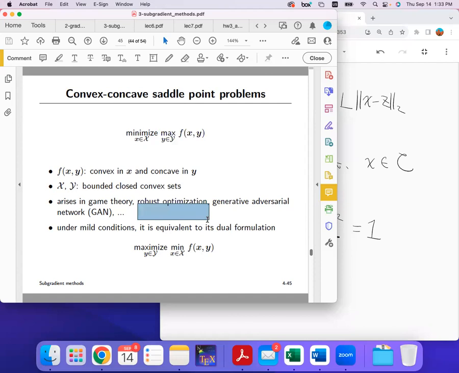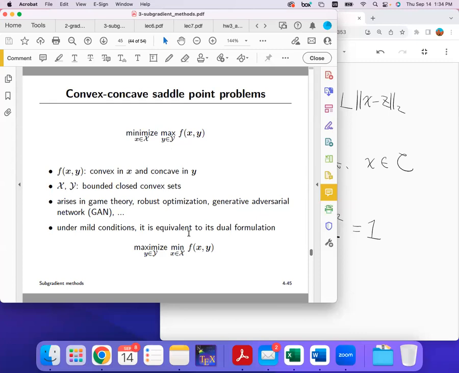You want to optimize on the worst case scenario. The maximization is the worst case scenario. And under some mild conditions, the min and max can switch their order.